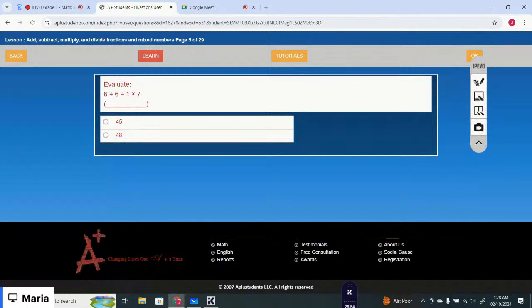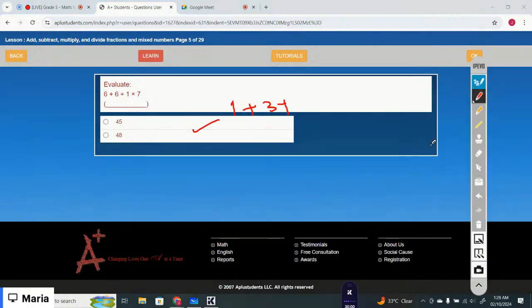Okay, so 6 plus 6 divided by 1 times 7. Going from left to right, we have to perform division first, right? 6 divided by 1 is 6. Now you have to do 6 times 7, which is 42, and 42 plus 6 is 48. The correct option is 48.